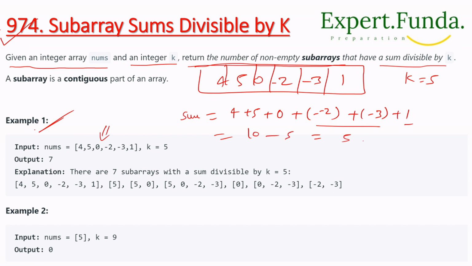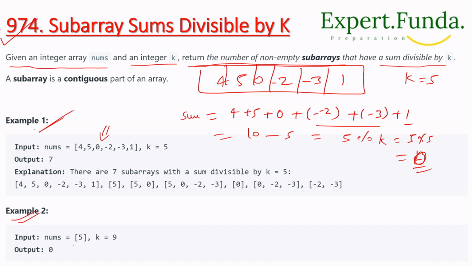Okay, now do the modulus by k, that is modulus by 5, and it is 0. It is divisible.